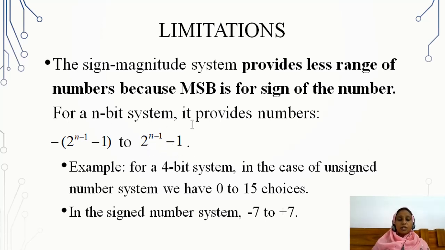So, in the case of an n-bit system, it provides numbers varying from minus (2 raised to n-1 minus 1) to plus (2 raised to n-1 minus 1). As an example, suppose there is a 4-bit system. In the unsigned number system, we have 0 to 15 choices. But in the case of the sign magnitude system, we have only minus 7 to plus 7 representations.